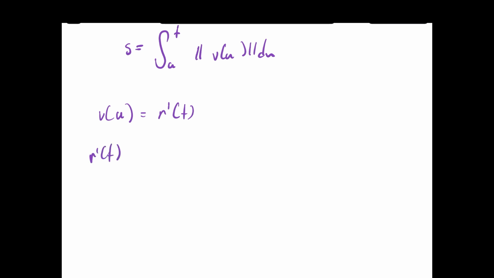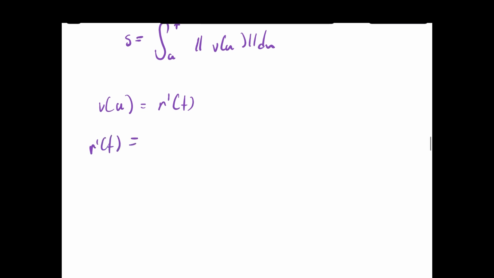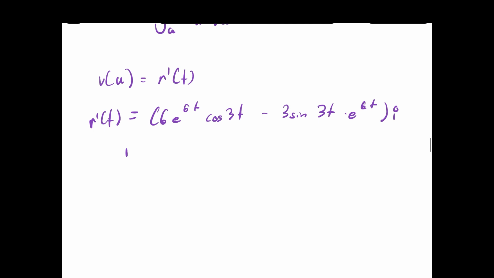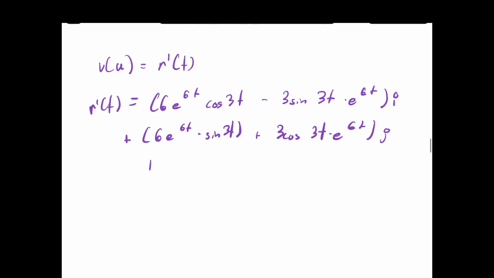So R prime at t will equal 6e to the 6t cos 3t minus 3 sine 3t times e to the 6t, and this is the I component, plus 6e to the 6t times sine 3t plus 3 cos 3t times e to the 6t, this is our j component, plus 6e to the 6t times k.